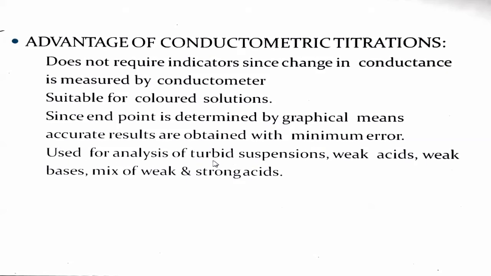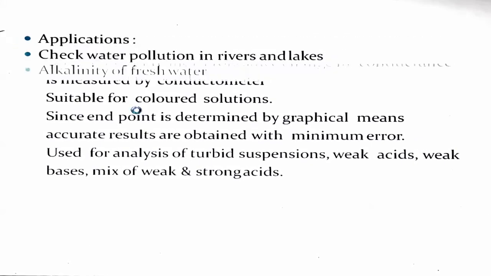It is used for the analysis of turbid suspensions where we cannot use the conventional method. Weak acid, weak base, and mixtures of weak and strong acids also we can determine with the help of conductometric titration. So in short, in colored solutions we can perform these titrations without an indicator.